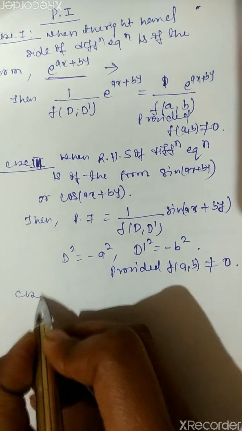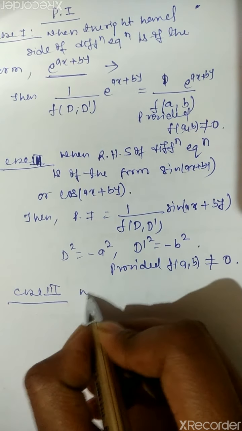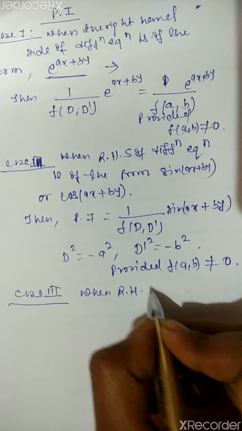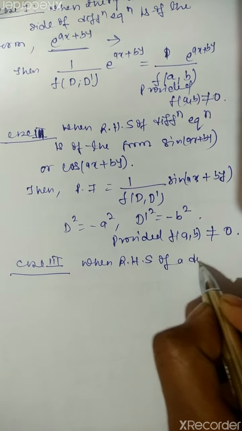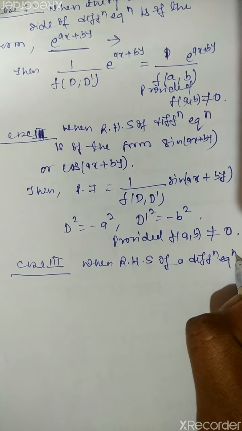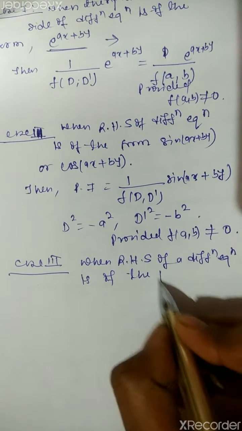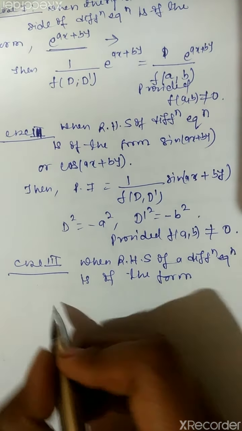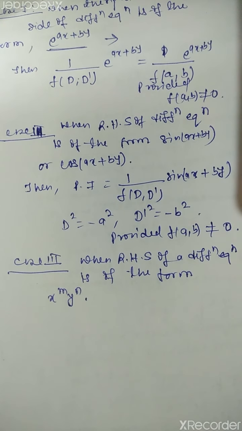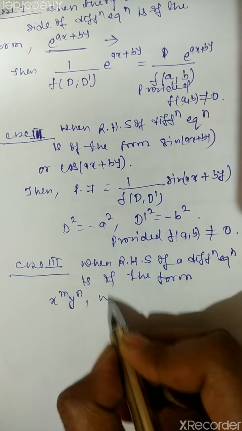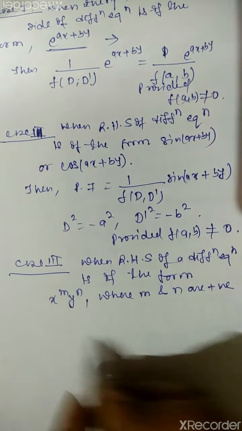Now case 3. In case 3, when the right hand side of the differential equation is of the form x to the power m and y to the power n, that is, an algebraic function in both x and y, where m and n are positive integers.